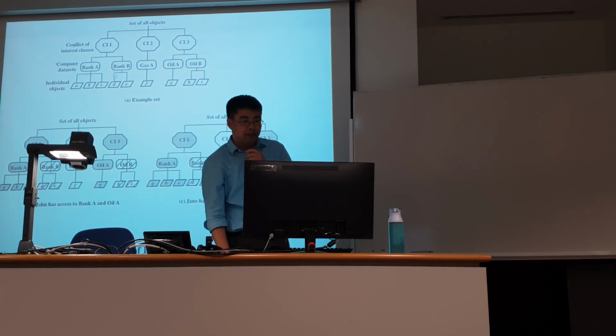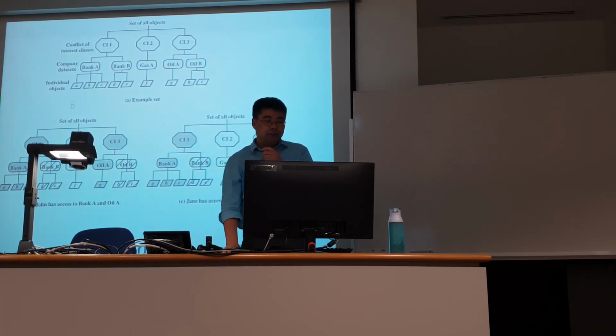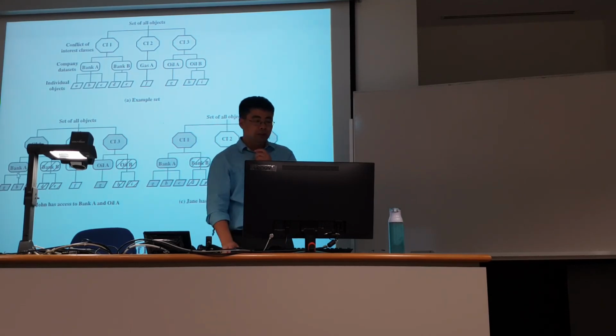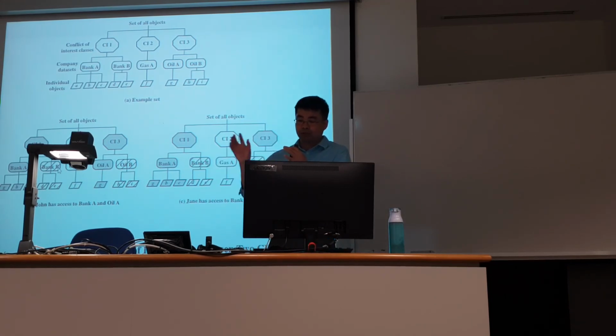However, for example, as soon as the consultant accesses bank A's data, then the policy will change dynamically. In this case, if the consultant has accessed bank A in the first conflict of interest class, then the policy will now change to disallow the consultant to access the data of bank B. That means based on the action performed by the user, the policy will change.